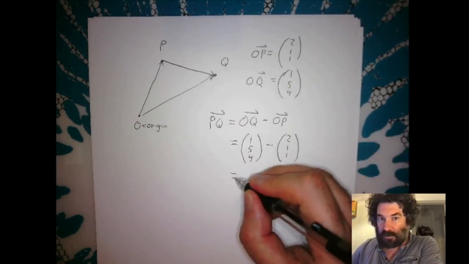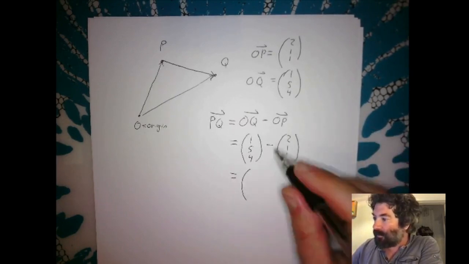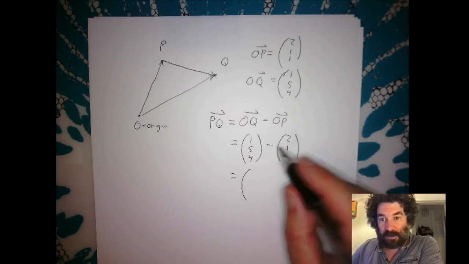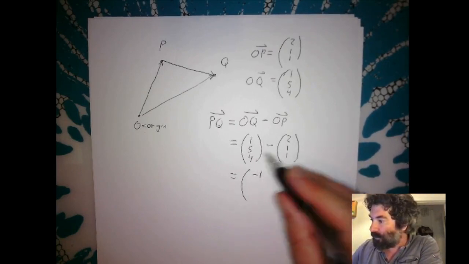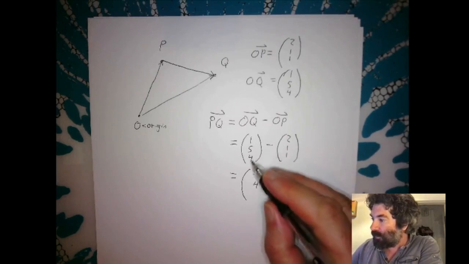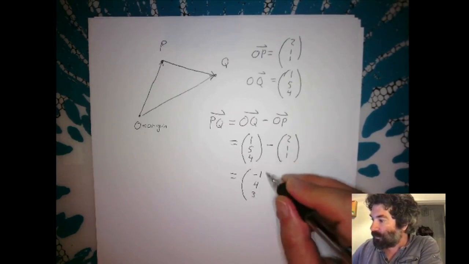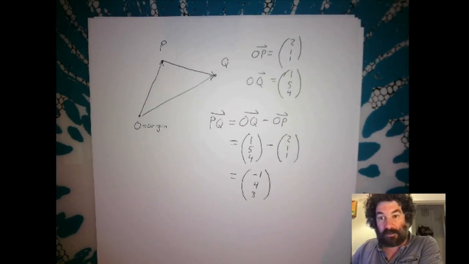Let's subtract these, and you just subtract the components just like before. So 1 minus 2 is -1, 5 minus 1 is 4, and 4 minus 1 is 3. So this is the vector from P to Q.